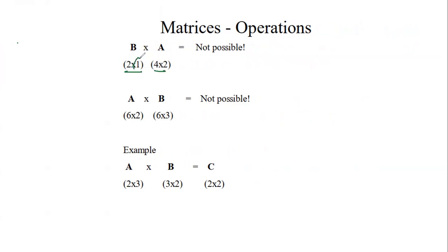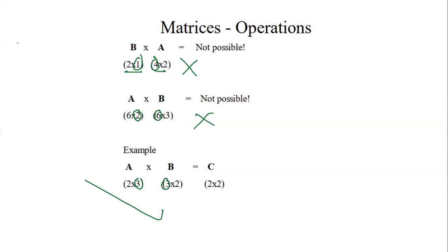Right away, you know this number is not equal to that number. Can't multiply. Okay. This number is not the same as that number. No, can't multiply. However, this number is the same as that number. Yes.